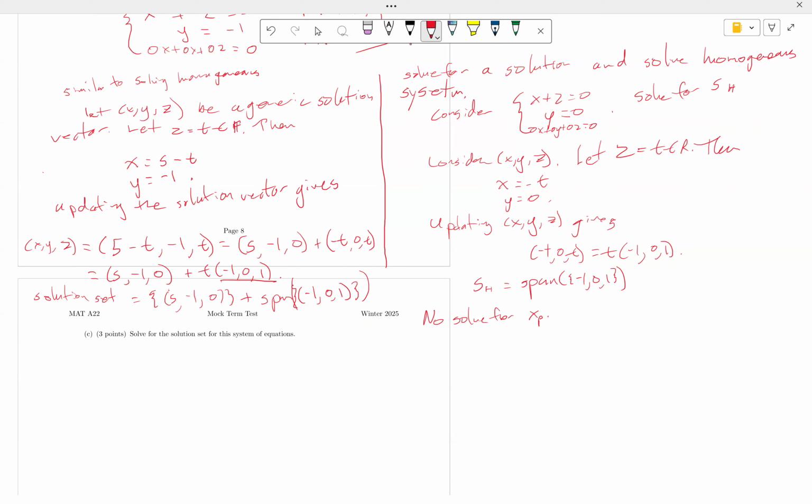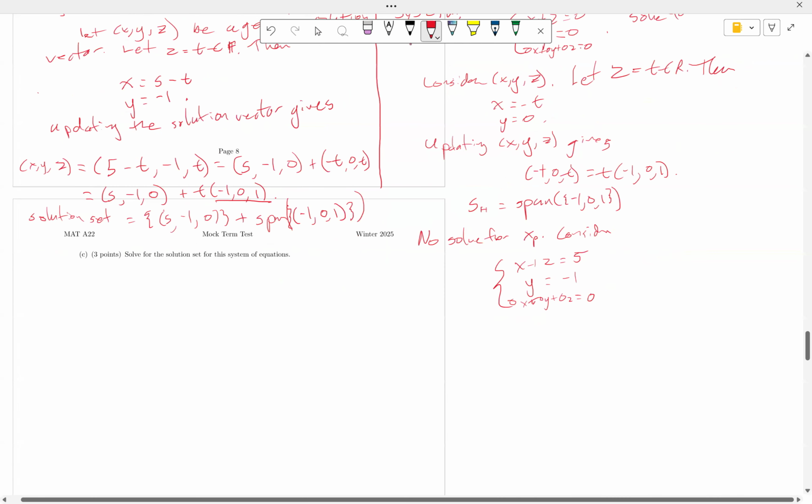And we're going to consider the system x plus z equals 5, y equals minus 1, 0x plus 0y plus 0z equals 0.